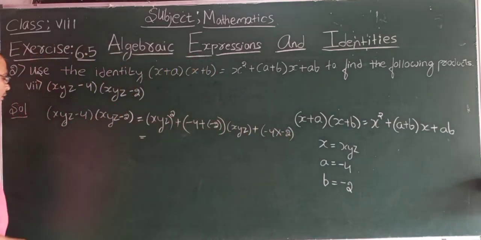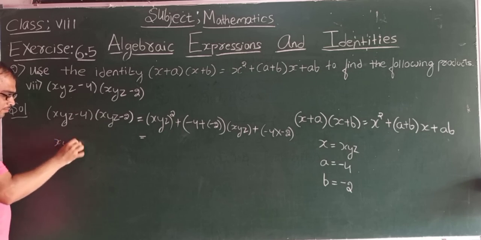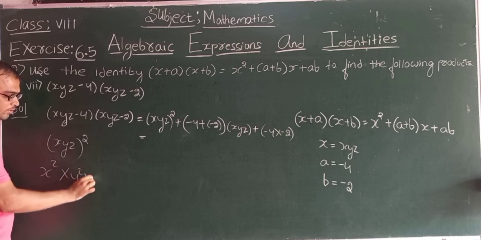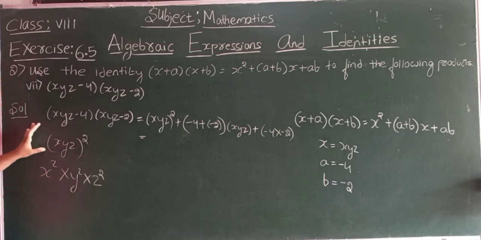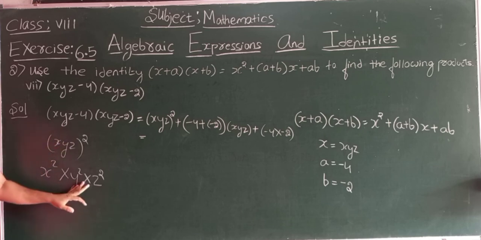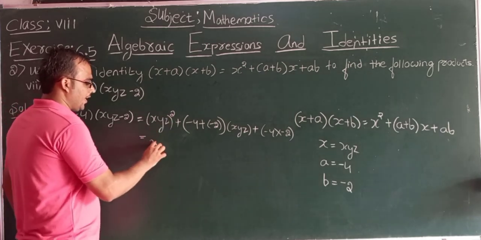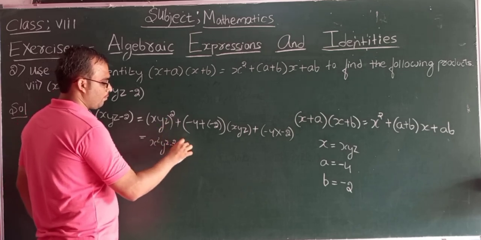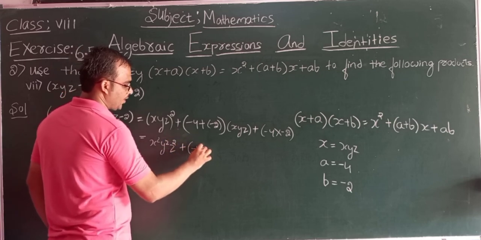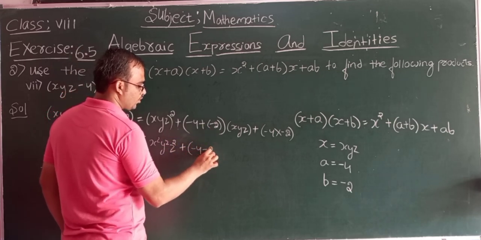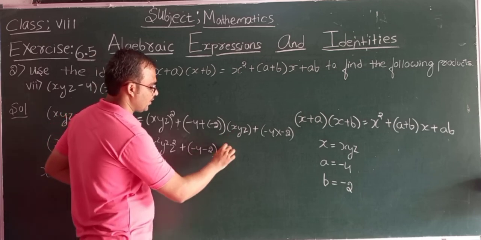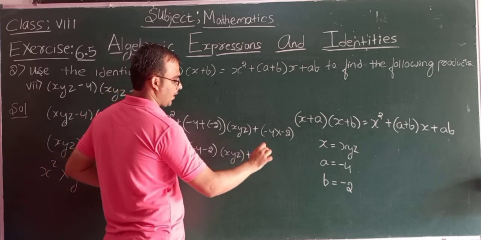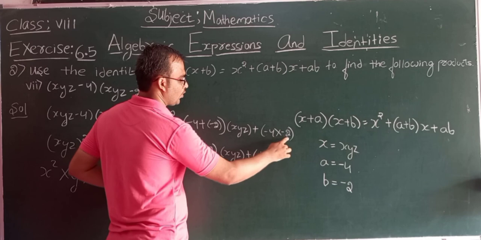Now look here, students. Whenever it is like this, whole square means you need to square x, next you need to square y, next you need to square z. Whenever such situations come, you need to square all the variables. So x square, y square, and z square. Now plus is there and bracket minus 4, plus into minus will be minus 2, next xyz plus bracket minus into minus will be plus 4 2s are 8.